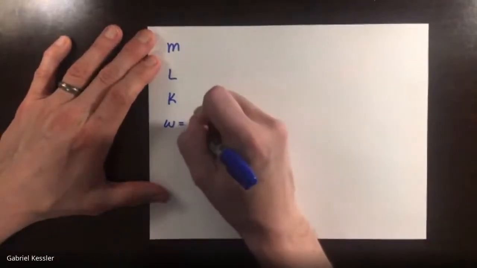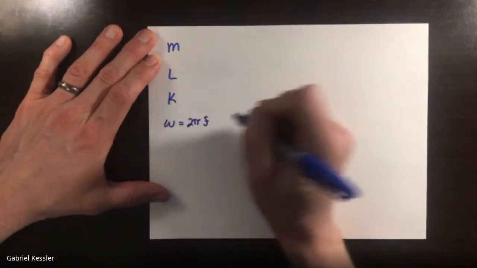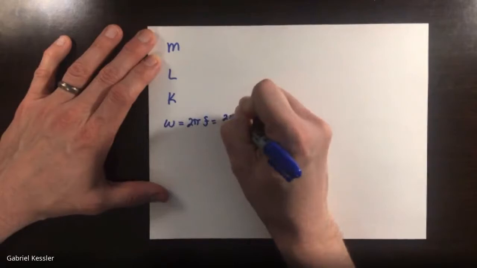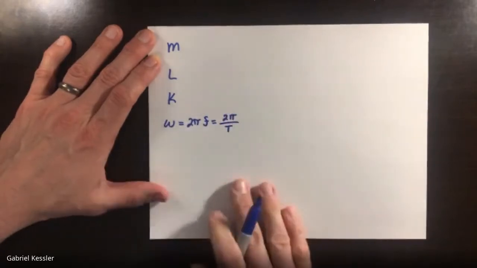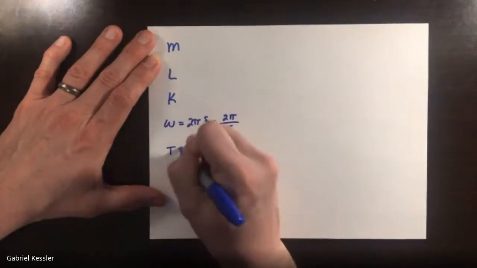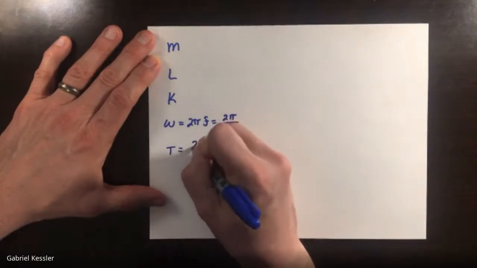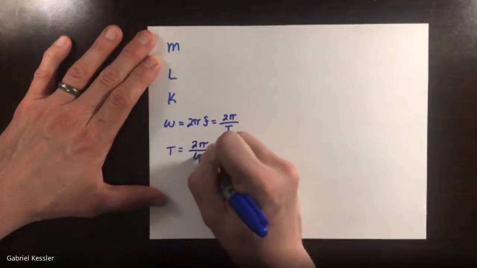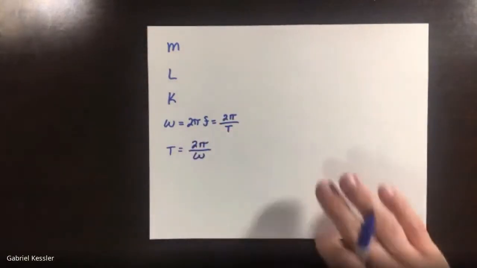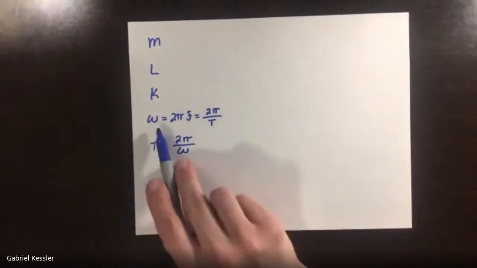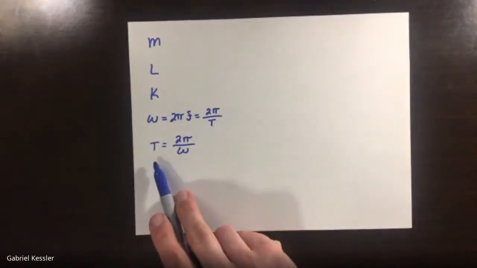Angular velocity is equal to 2 pi times the frequency, also equal to 2 pi over the period. So really, period would be equal to 2 pi over angular velocity. The reason I mention that is because we don't have an equation with angular velocity, but we do have an equation with period.